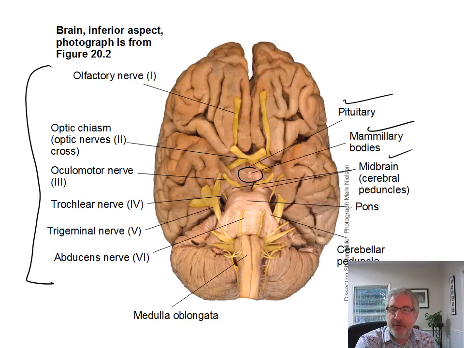Midbrain, we have the cerebral peduncles there. Cerebral peduncles here and there. The pons is here.